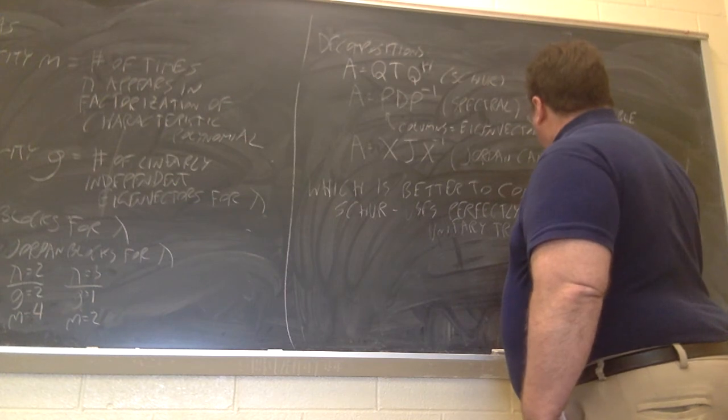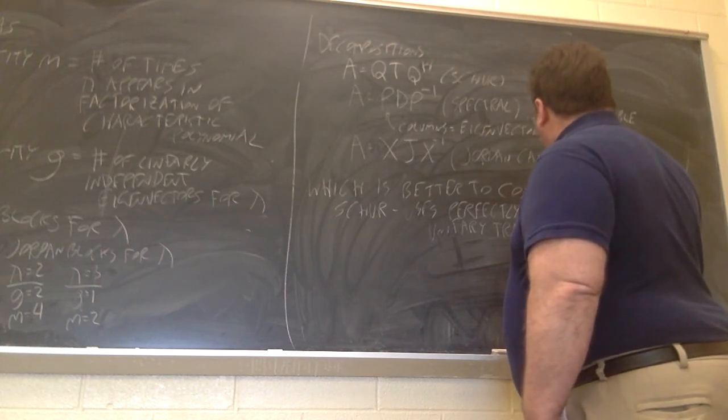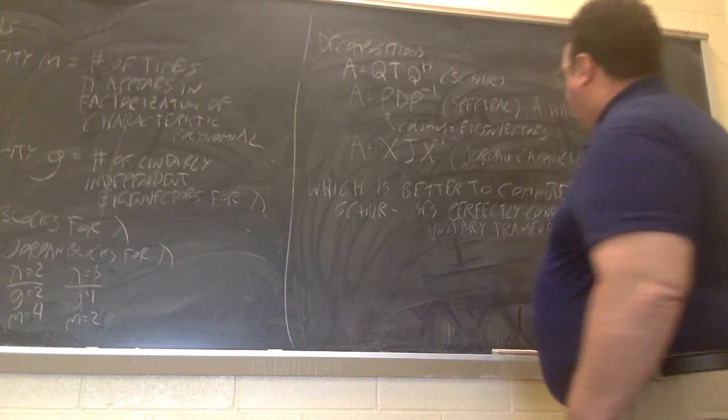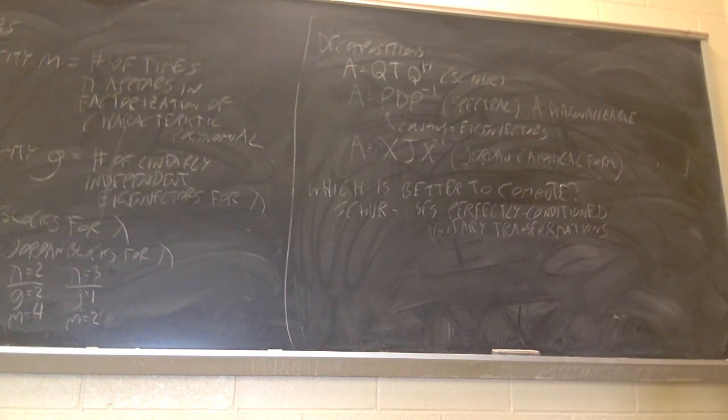So from a numerical standpoint, it's very stable. Now, we don't get the eigenvectors out of it unless A happens to be normal. So that's one unfortunate thing. But from a computer arithmetic standpoint, in terms of round-off error, conditioning, etc., Schur is best.